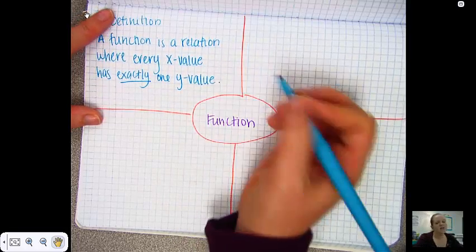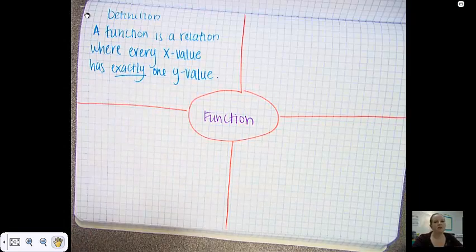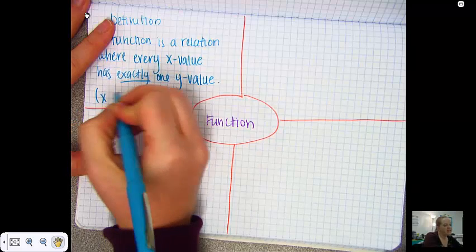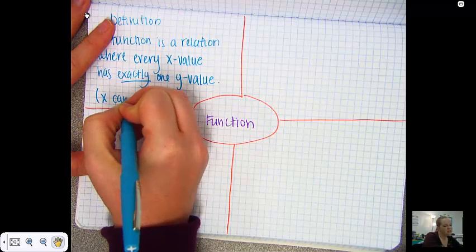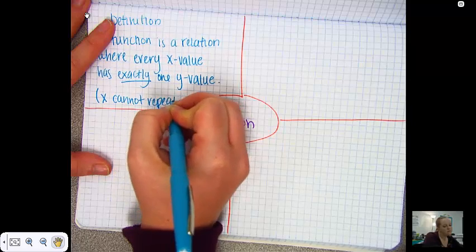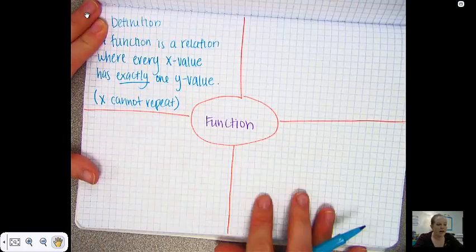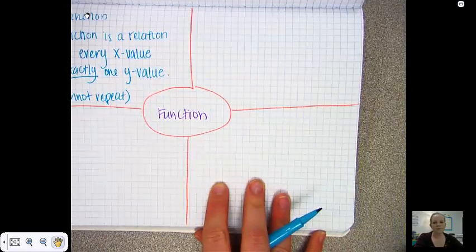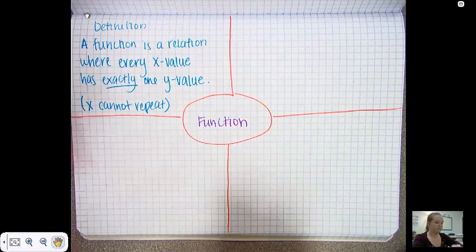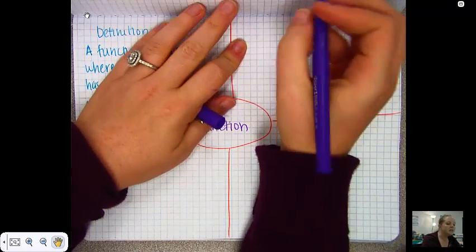The way that we paraphrase that, and the thing that you'll hear your teachers say over and over, is that in order to be a function, x cannot repeat. For every x, there's exactly one y value, or x cannot repeat. So that's our definition of a function. Next, let's talk about characteristics.